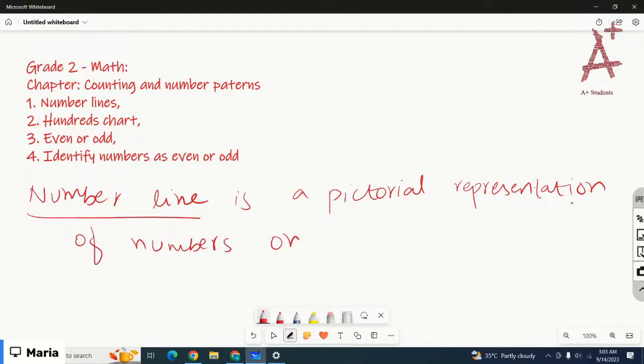So the number line is a pictorial representation of numbers on a straight line. The numbers on a number line are placed sequentially, right, at equal distances along its length.